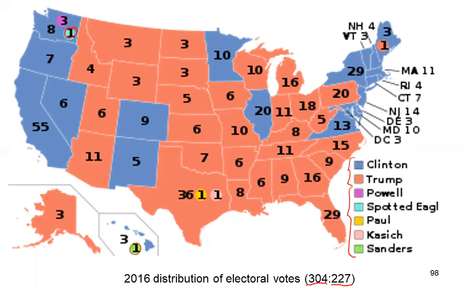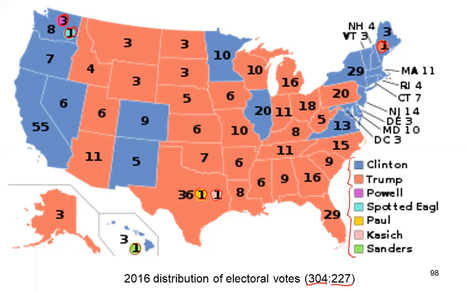What sort of nonsense is this? 3 votes for Mr. Powell, 1 for Mr. Paul, for Mr. Kasich. And this is also one, in this case for Mr. Trump. Well, you see that there were many deviations. So this is a bad system, sufficiently bad because of the problem with election inversions.